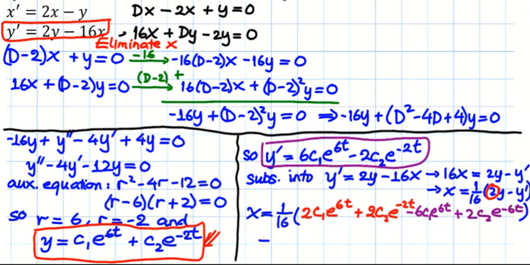And then multiply it out and simplify. We should have x equal to, combining like terms, 2 and minus 6 is minus 4, divided by 16, so we have negative 1 over 4 c1 e to the 6t, and we have 4 c2 divided by 16, so we have 1 over 4 c2 e to the negative 2t.